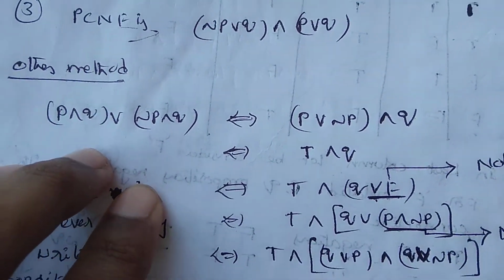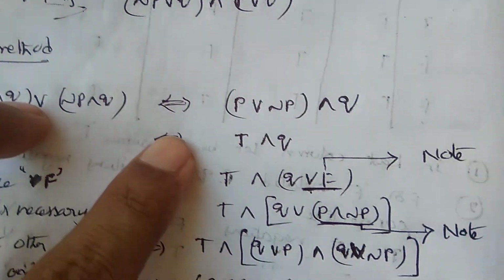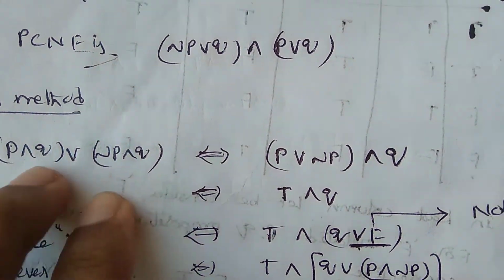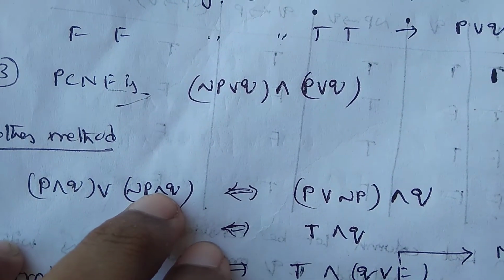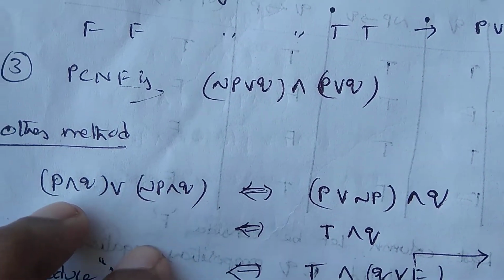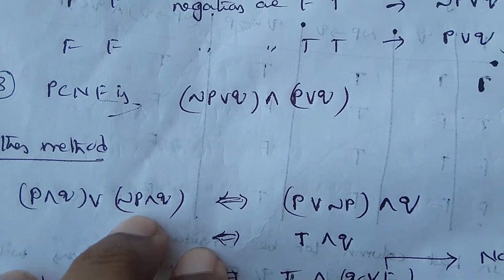So the method is this: you have to understand (P and Q) or (negation P and Q). Q is common, P and negation P are different, so this is the distributive property.